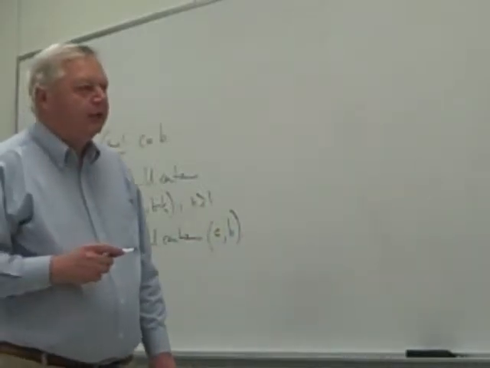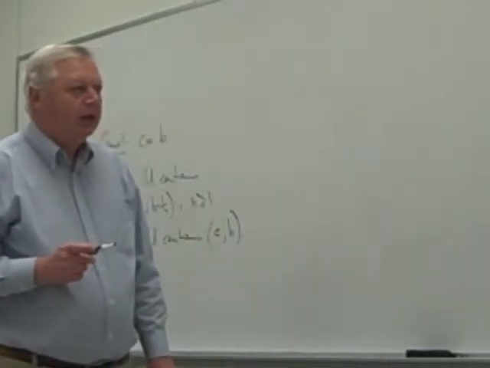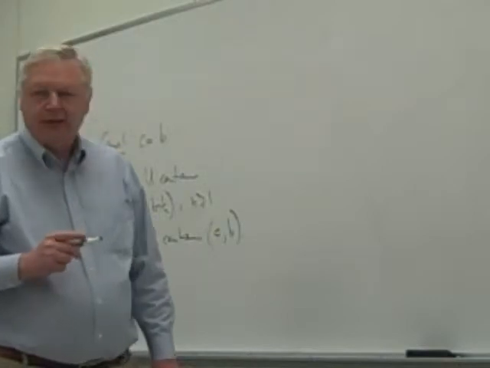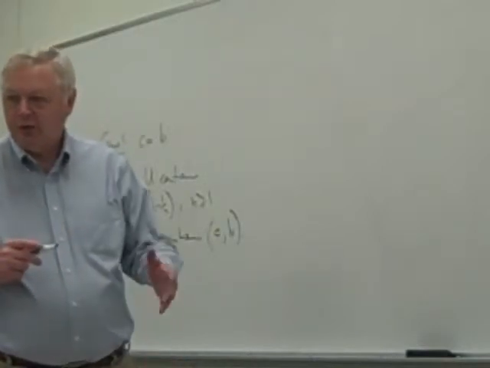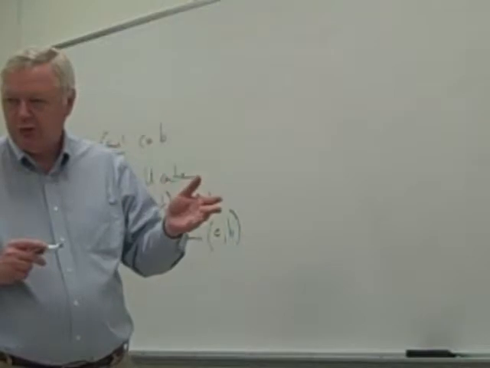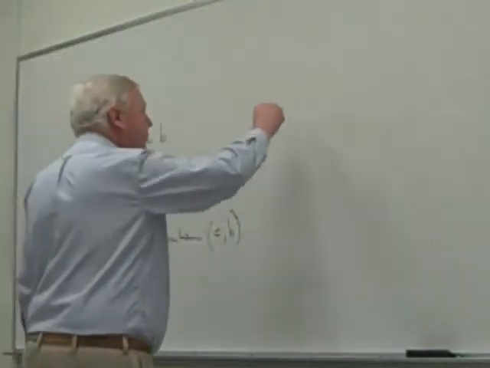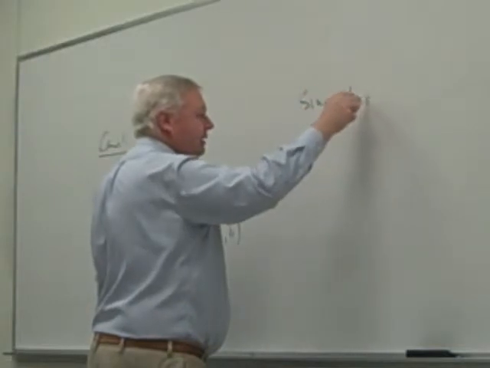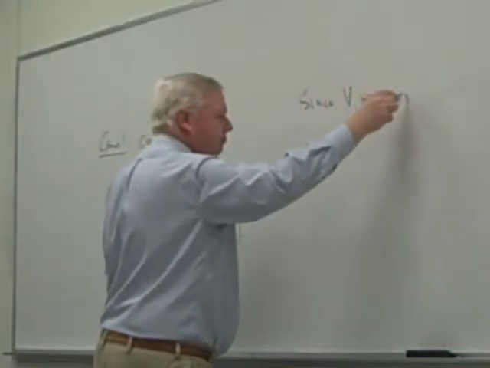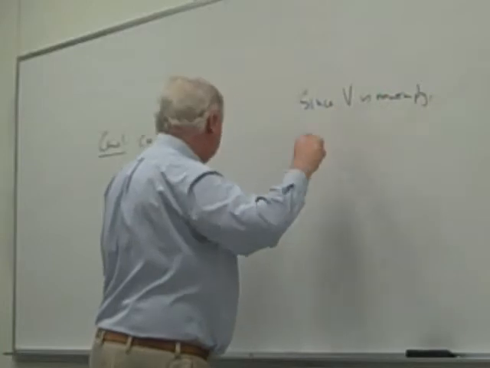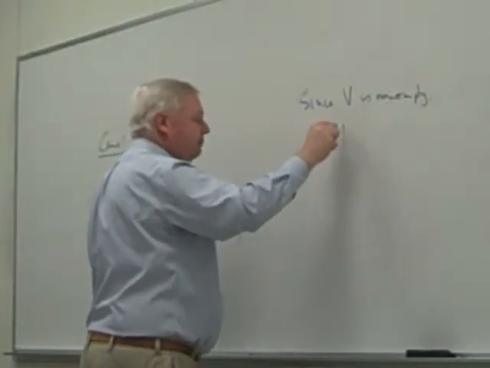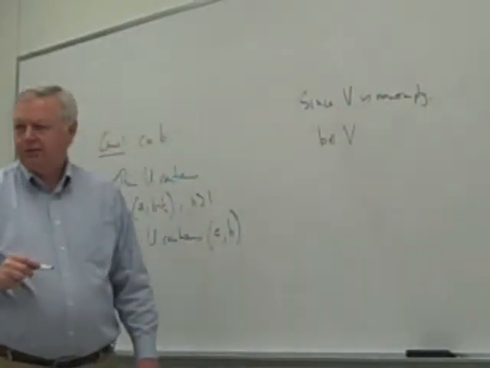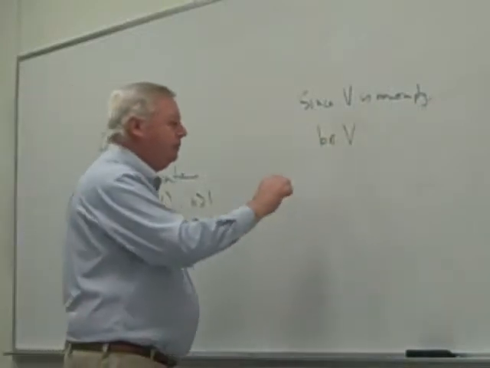But now where is B? The other open set is non-empty. So far, all the points we have are in U. So since V is non-empty, it will be the case that B is in V. But again, V is open.